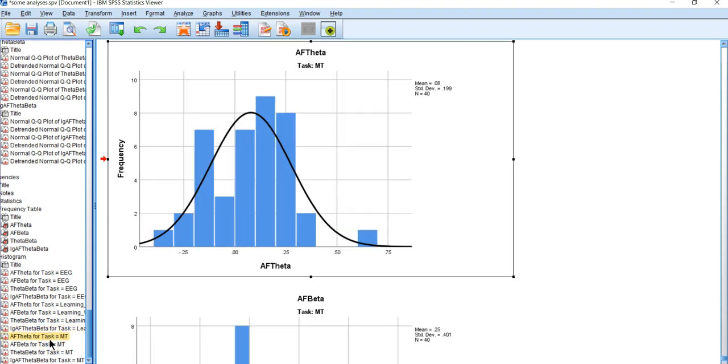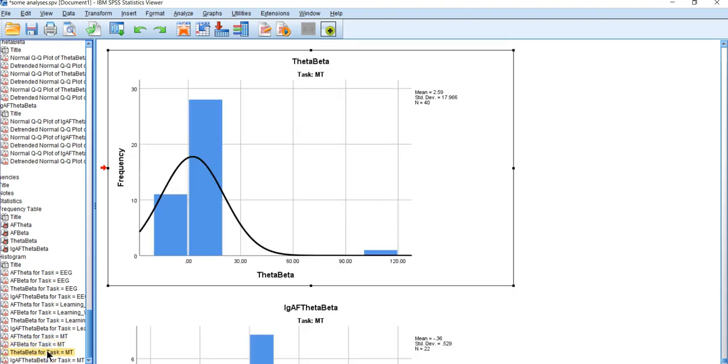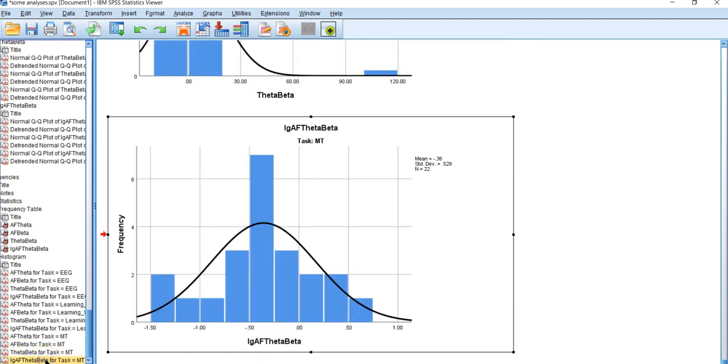Here we have a memory task. Sort of normal. Sort of normal for beta. Theta beta is highly skewed. Log theta beta getting kind of normal again. So those are the histograms.